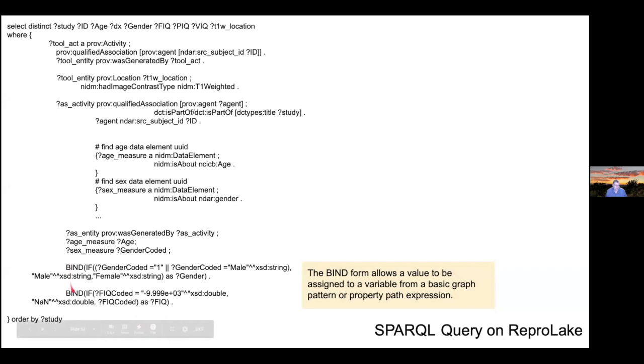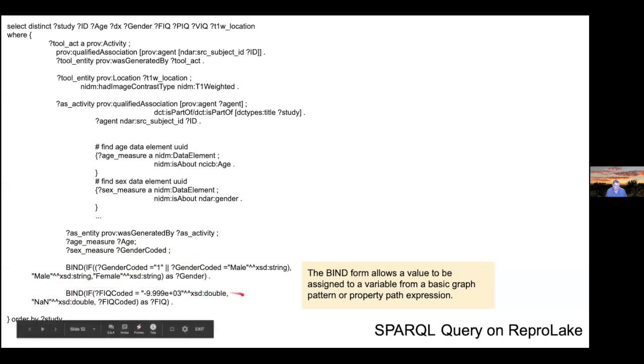What one can do is say that if the gender coded property, the sex measure, is a 1, or male, right, then it should be set to male. And if it's neither of those, then it should be set to female, right? So you can do some data alignment as well within SPARQL.